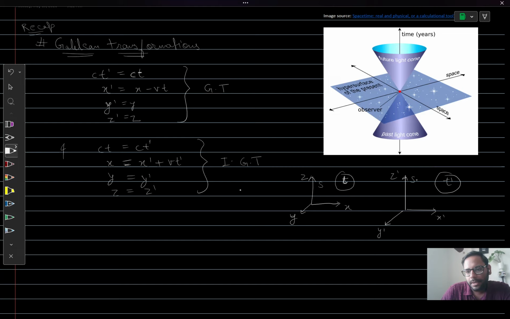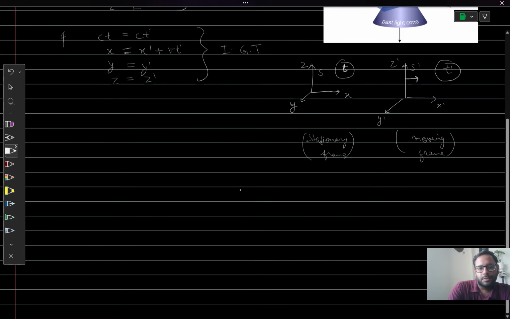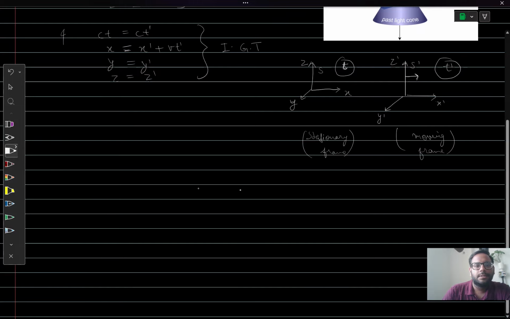This is my S prime frame, and we always conventionally take the S prime frame as moving. This is my stationary frame, and this is my moving frame. So this much we have studied, and these are the transformation equations for it.